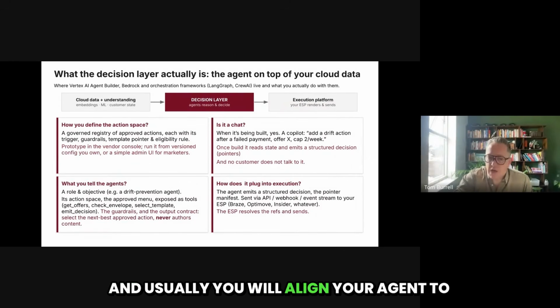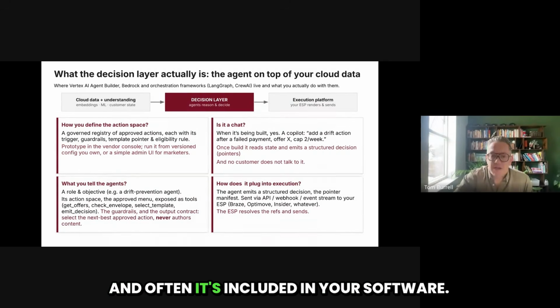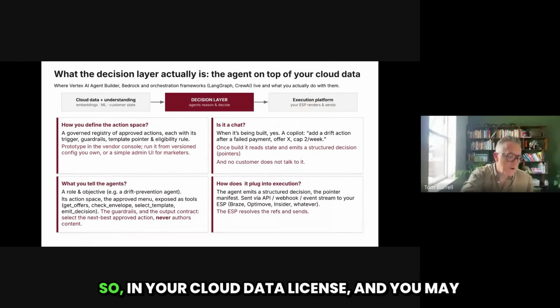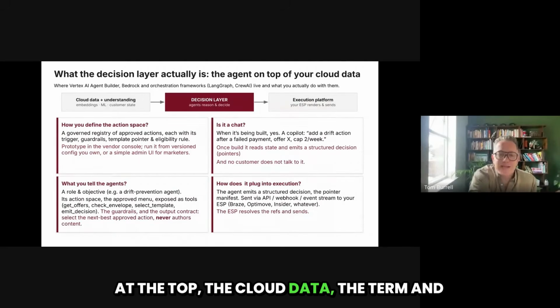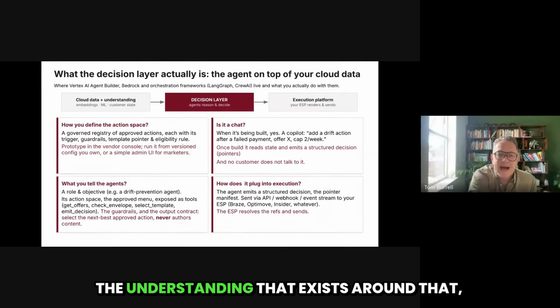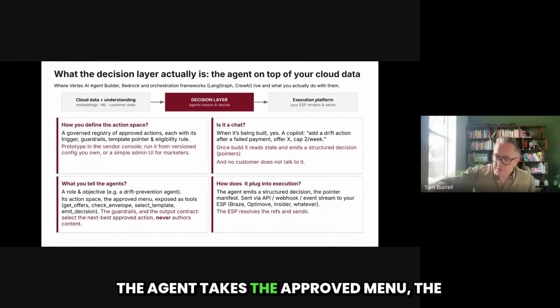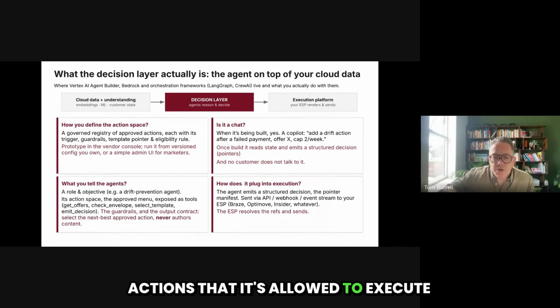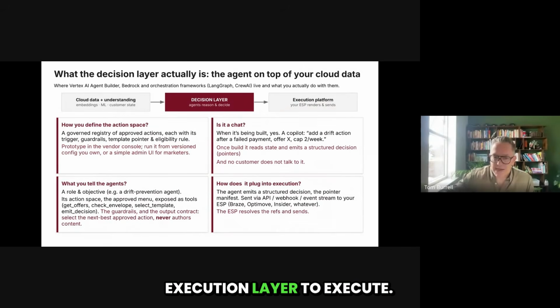Usually you will align your agent to your cloud data provider, and often it's included in your software, so in your cloud data license, you may not even be using it. Looking at the visual at the top, the cloud data and the understanding around it is fed into the agent. The agent takes the approved menu, the actions it's allowed to execute against, and then sends the signals to the execution layer to execute.